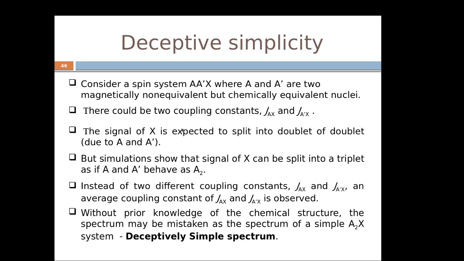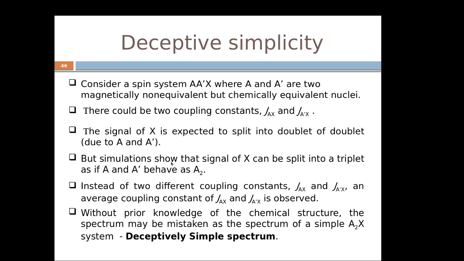And because of coupling between the X nucleus and A nucleus, we would expect that the signal of X is split into a doublet, okay. And since X also couples with the A' nucleus, each peak in the doublet should be split into another doublet. Okay, so we expect a doublet of doublets due to coupling of X with both A and A'.